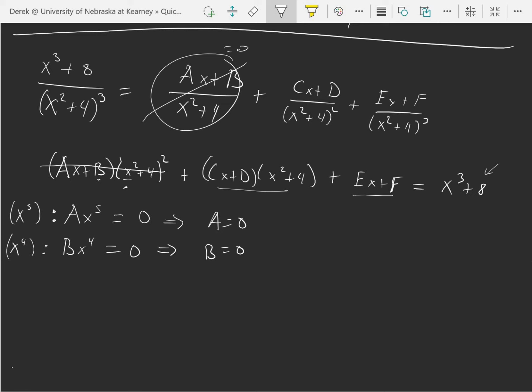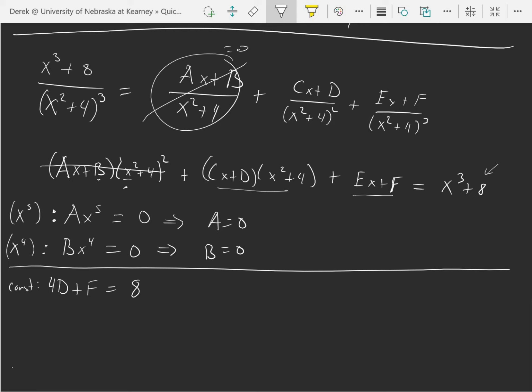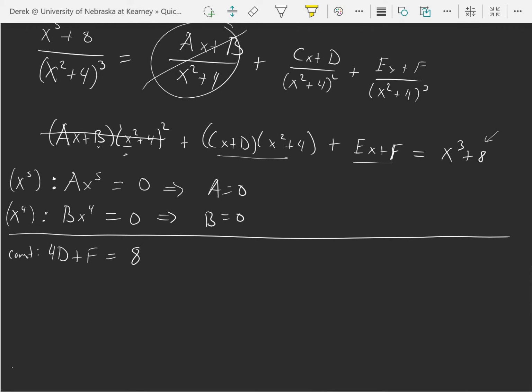And then over here, let's try and find the constant term. The constant, 4d plus f equals 8. Okay, that gives me a good relationship that I can use. How about the x term? I can get an x term from 4c.